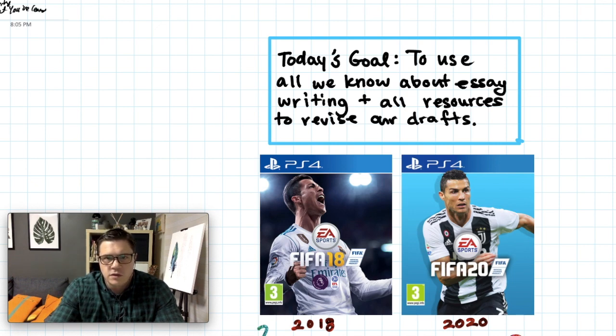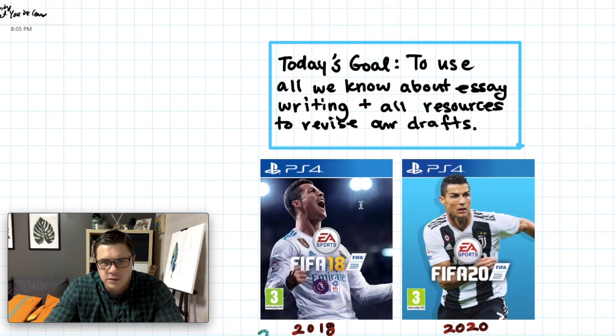Okay, these are all the new things that we've learned about compare and contrast essays. But we need to combine that with everything we know already about essay writing. So if you look at the pictures here, you see there are two games, right? One from 2018, one from 2020.